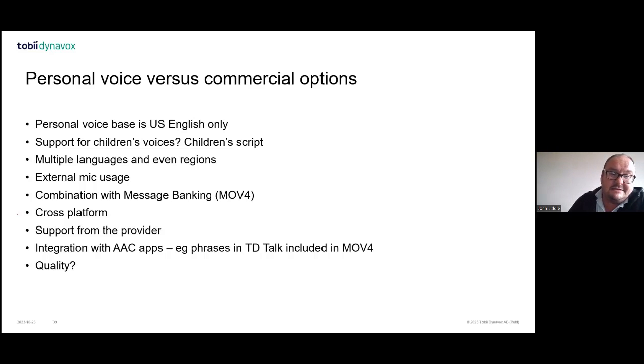One of the nice things, if I think about My Own Voice 4 from Acapela, is that it works really nicely with message banking. So when you're using the script, you can actually add your own phrases into the creation of your banked voice, the things that you say very commonly that you want to get across with the emotion and intent that you need to express.